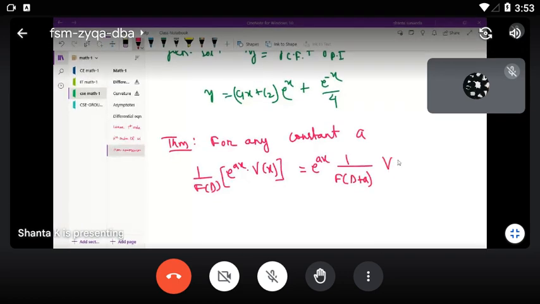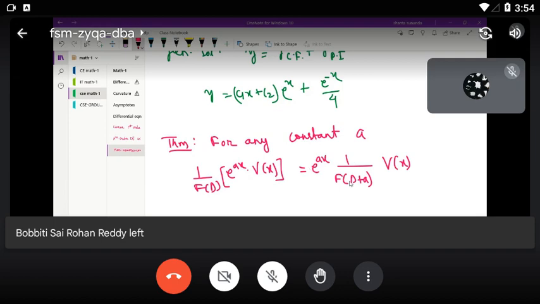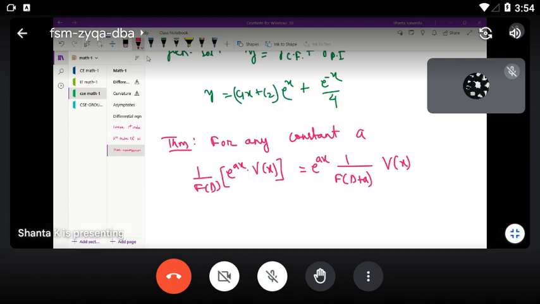Here v of x means a function of x, mostly in algebraic form. Now for f of D plus a, the inverse operator you can do with respect to the integrals. But since we have already taken e power ax to this side, the operator will only operate on v of x.